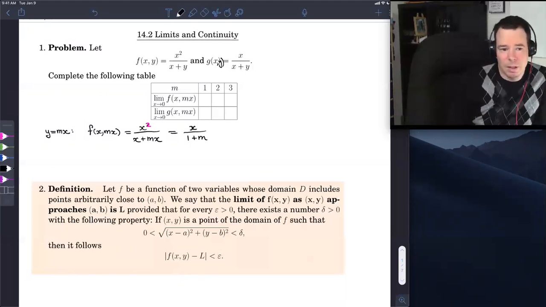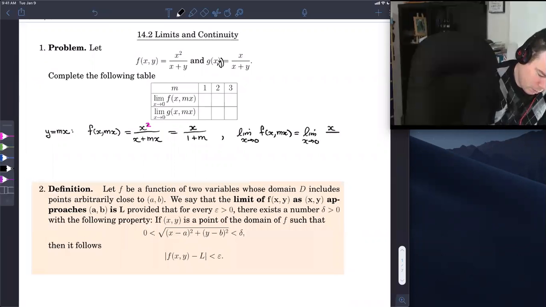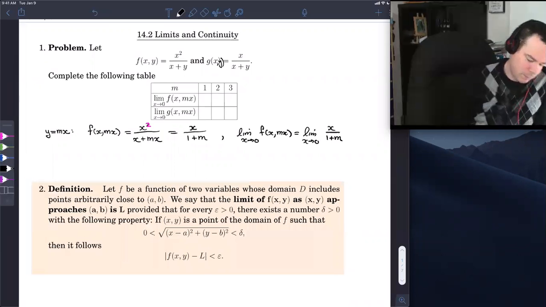So now I'm going to take the limit of this. Now this is a limit of a single variable. So now we can say what's going on as x goes to 0 of this function of a single variable. What's the limit as x goes to 0 of x over 1 plus m?